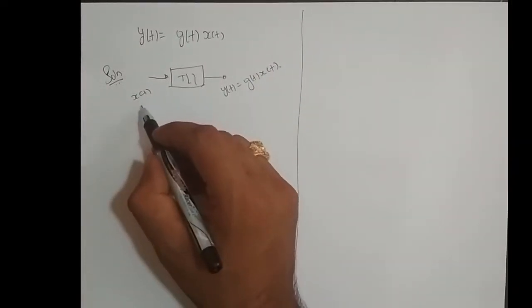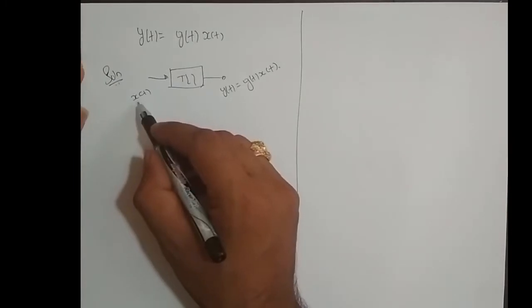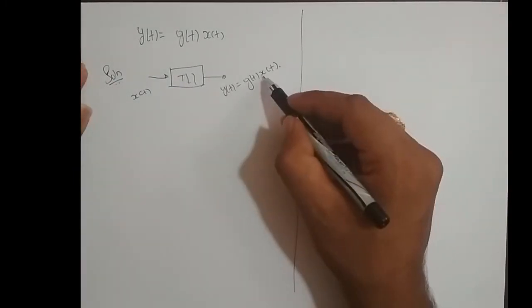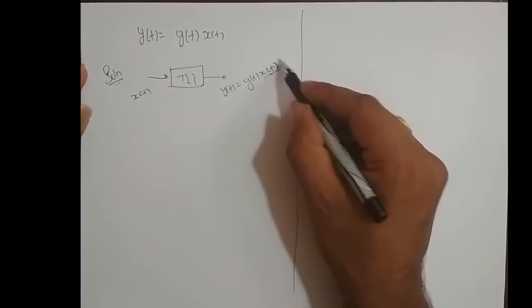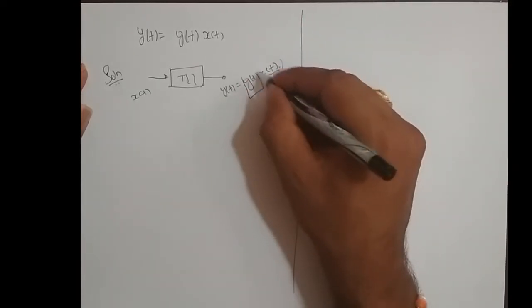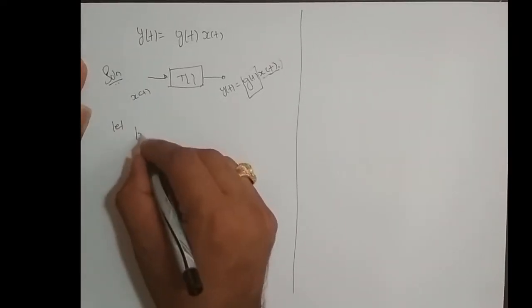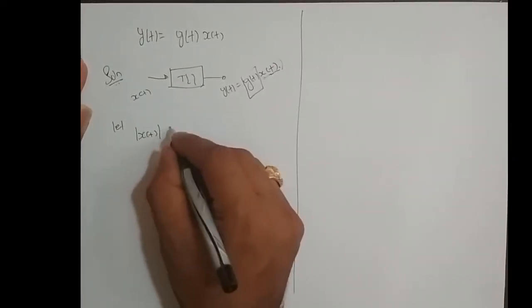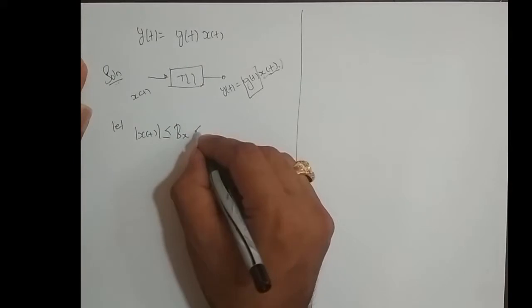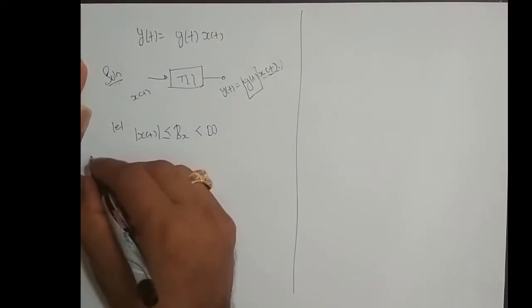So what's happening to the system? If I feed a bounded input where its amplitude is finite, what is the output? Whatever the input I feed, for that a signal g of t is getting multiplied. So let magnitude of x of t be less than or equal to bx, which is less than infinity.